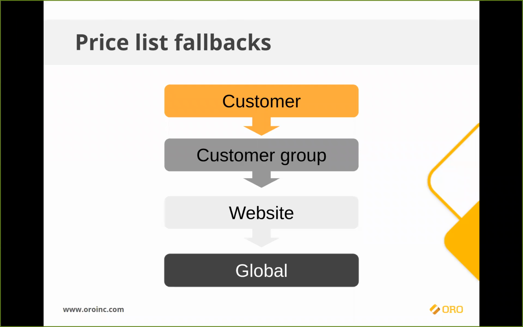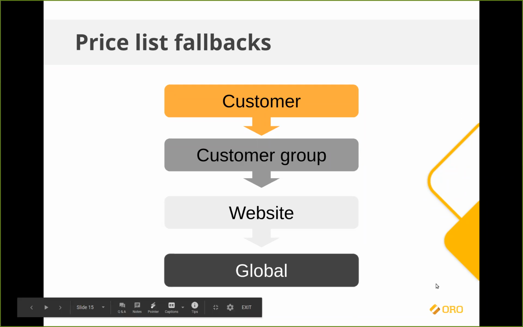There are four main levels of price lists: customer, customer group, website, and global. Each of the levels may have one or several price lists assigned to it. It means that prices from this price list will be used at the storefront. And then you may see prices from this price list either globally or per website or per customer group or per customer.